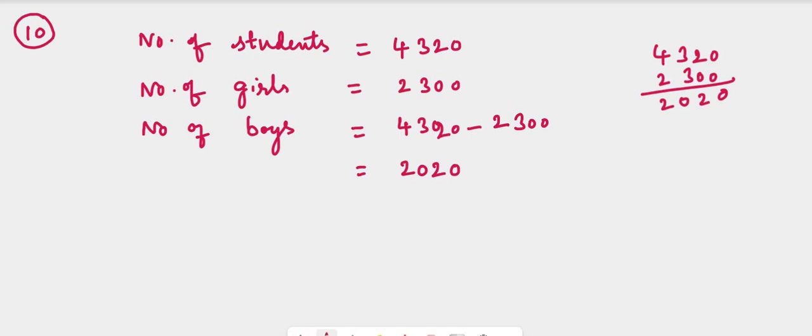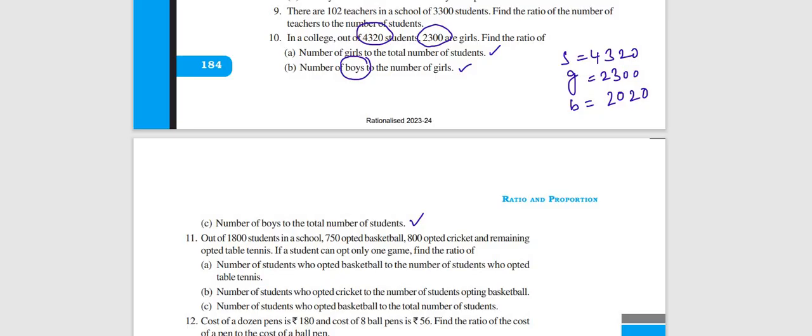Now come to the question number 1. What is the question number 1? Number of girls to the total number of students. Find the ratio of number of girls to the number of students.